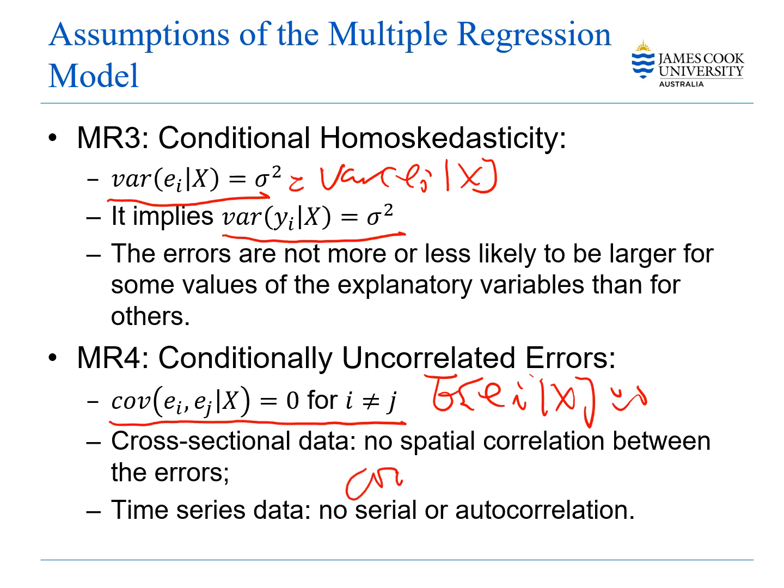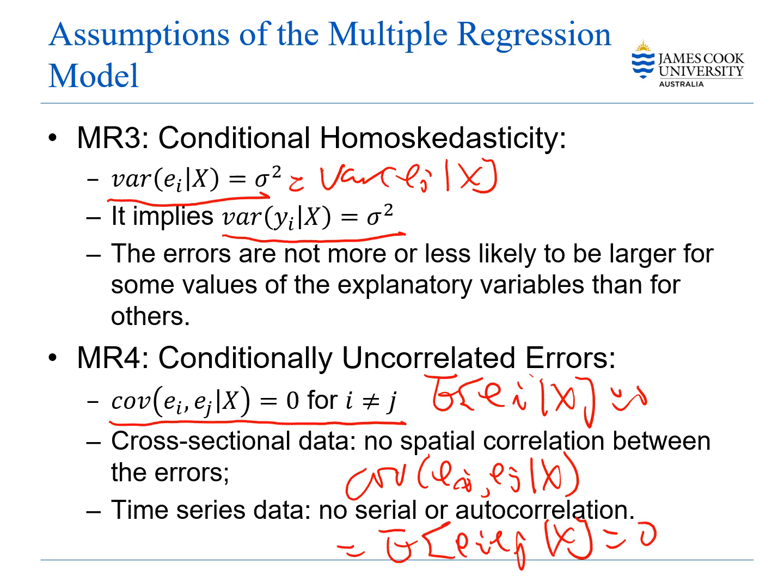So the covariance of ei and ej, conditional on X, is just the expected value of ei ej conditional on X. We need it to be uncorrelated. In cross-sectional data, this means that there is no spatial correlation among the error terms. If our data are time series data, then that means there is no serial autocorrelation. And this might not be true. We will look at situations where this is not true later on.